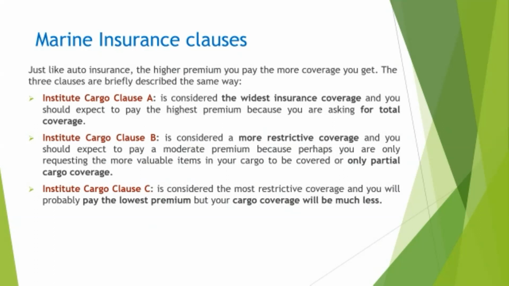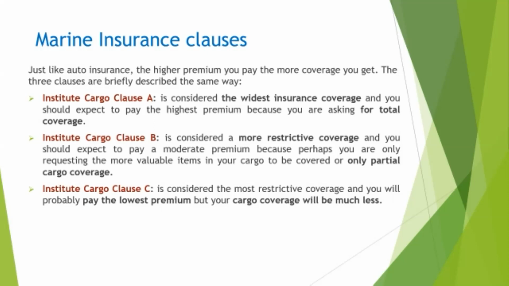As for A, it's considered the widest insurance coverage, and you should expect to pay the highest premium because you are asking for the total coverage. If you're asking for clause B, it is more restrictive coverage, and you should expect to pay a moderate premium because perhaps you're only requesting the more valuable items in your cargo to be covered, or only partial cargo coverage.